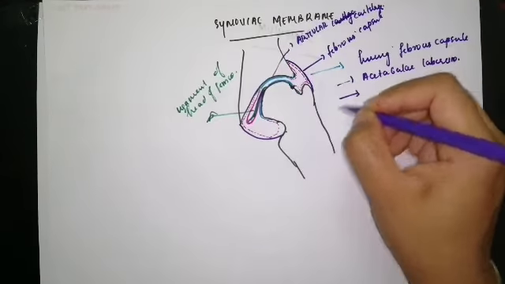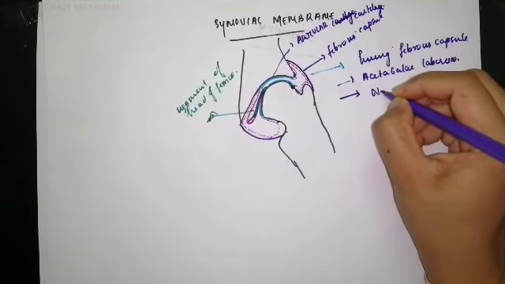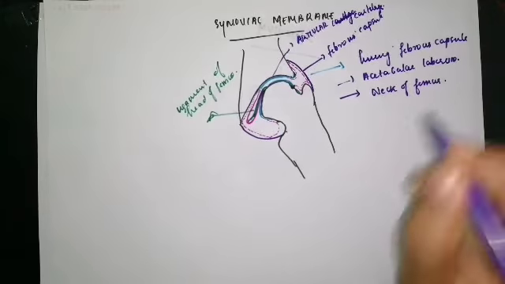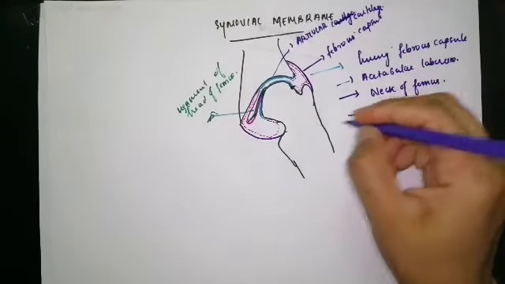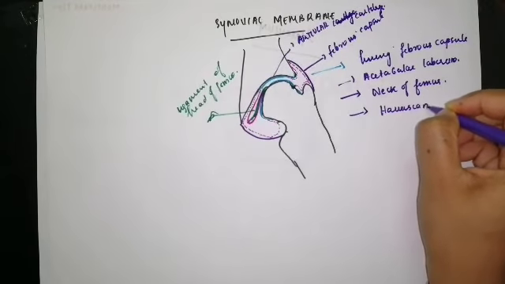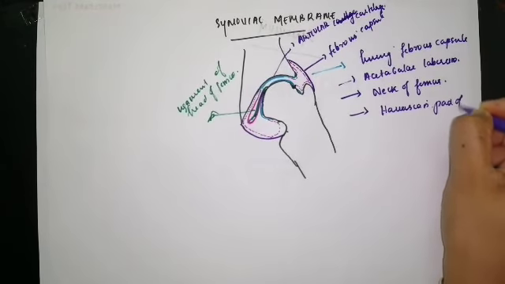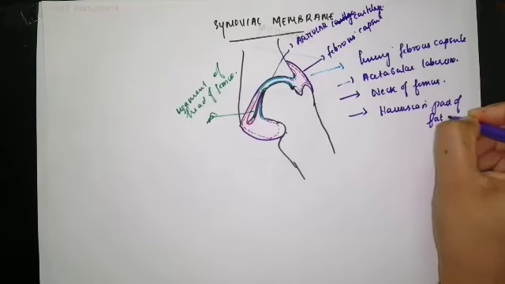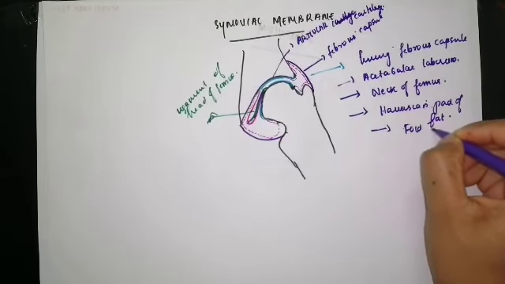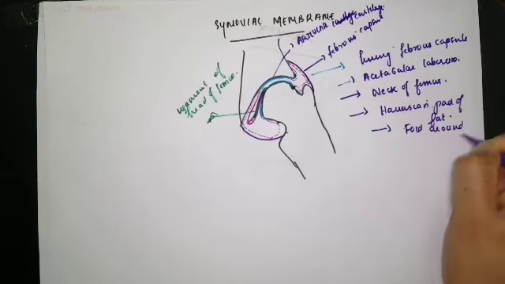And it is covering the neck of femur. And it is covering the Haversian pad of fat. And it forms a fold around the ligament of head of femur.